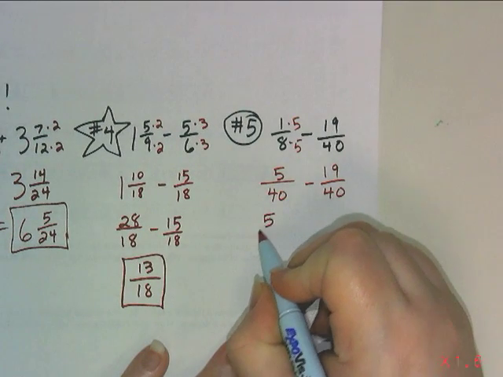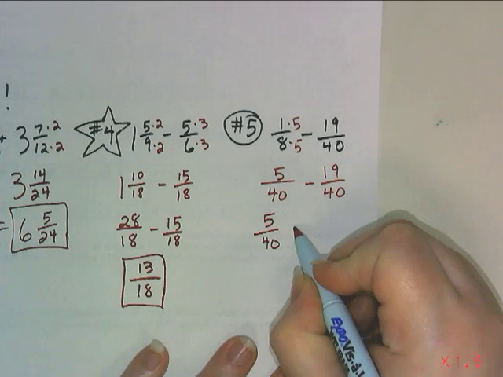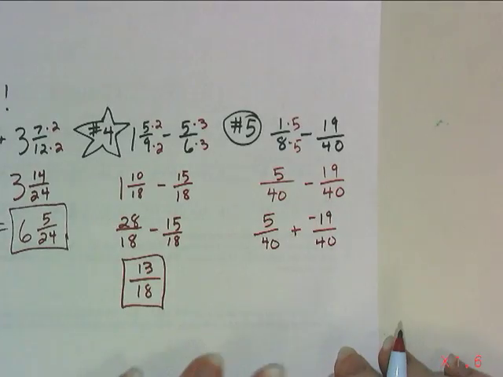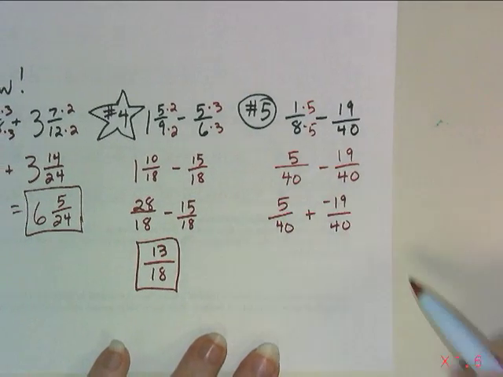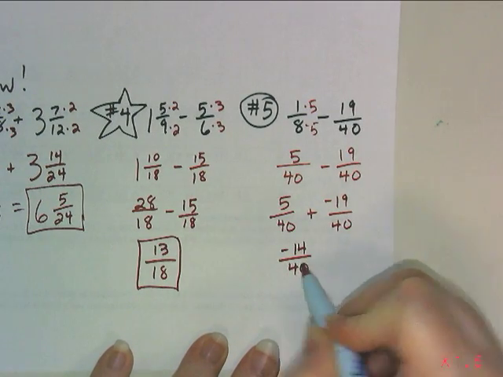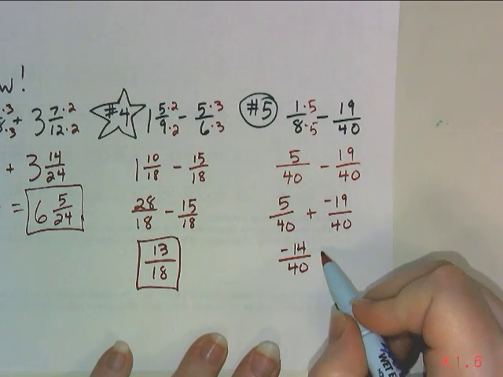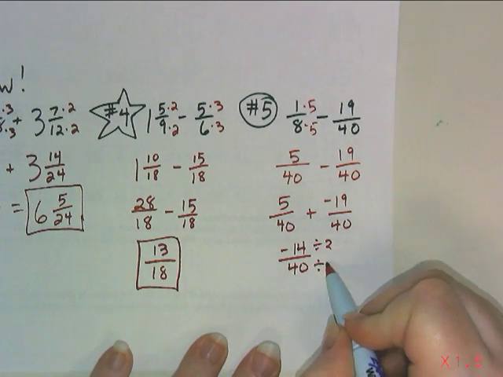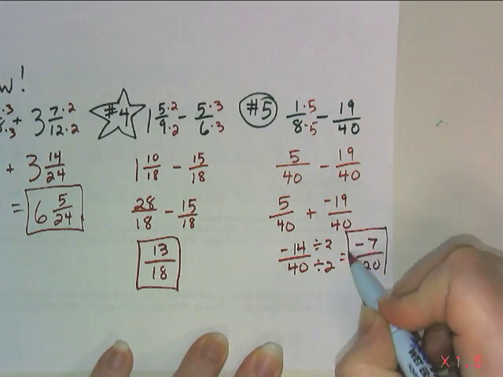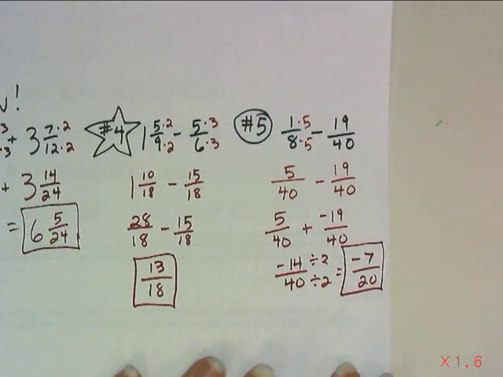So this is where I need to remember my integer rules. I'm going to change that into plus negative. 5 plus negative 19 gives me negative 14/40. That can be simplified by dividing them by 2, which gives me negative 7/20. Those are now relatively prime, and I have my final answer.